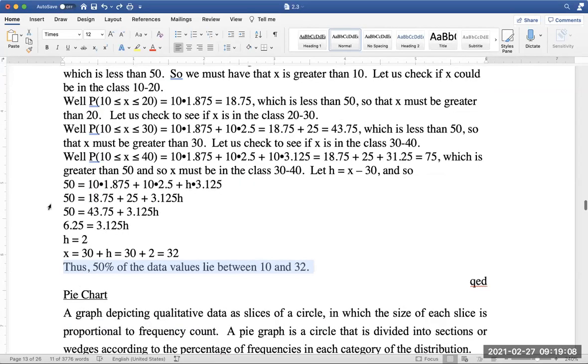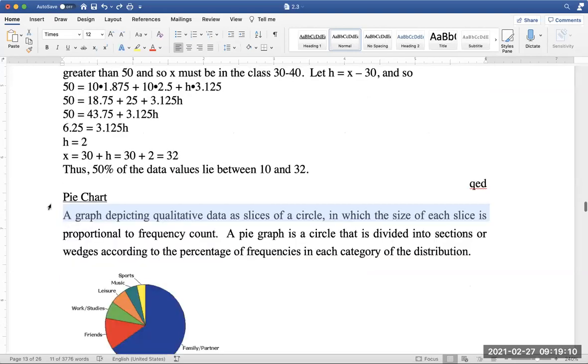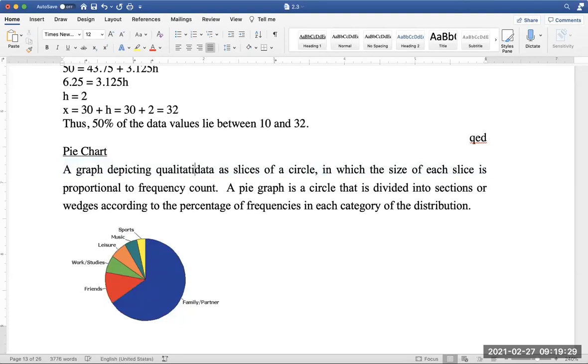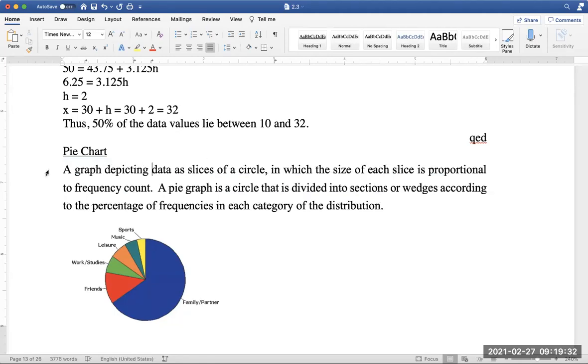A pie chart. A pie chart is a graph depicting data, could be qualitative or quantitative, as slices of a circle in which the size of each slice is proportional to the frequency count.